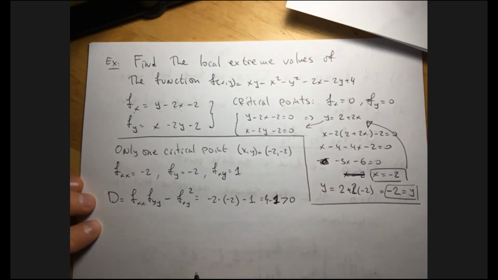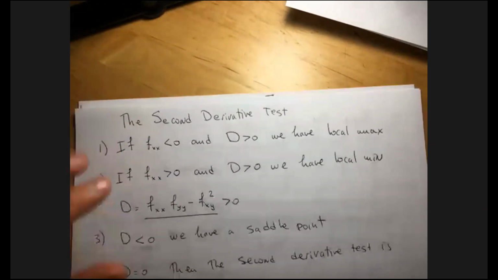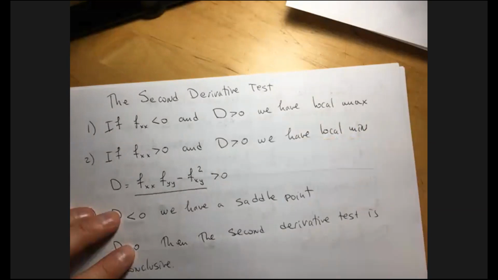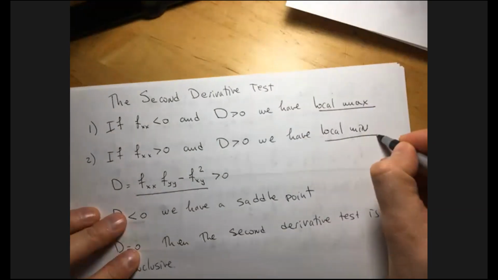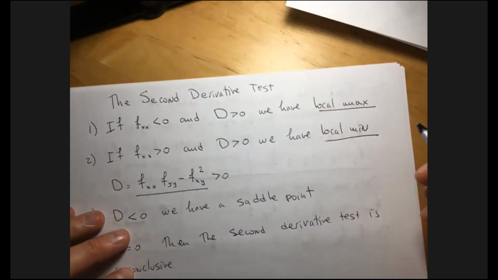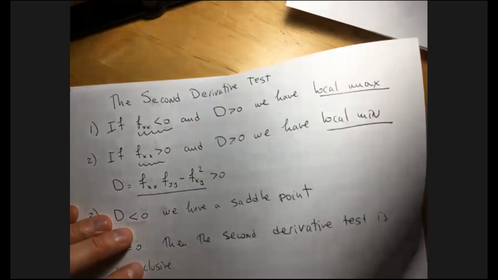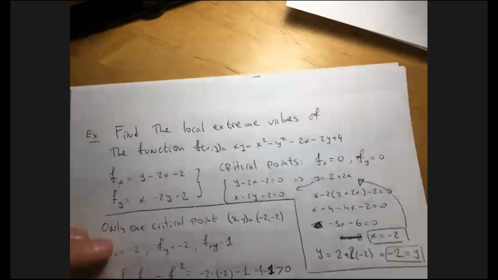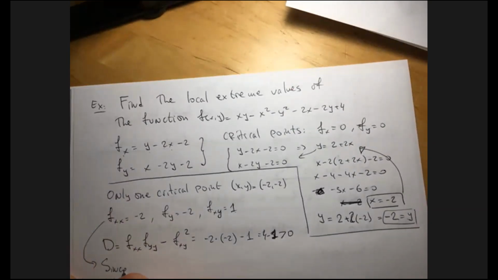Okay, so if you look at the second derivative test, if this discriminant is greater than 0, then we have either a local minimum or a local maximum. That depends on whether the second order partial derivative with respect to x is either greater or less than 0 at that point. So since f double x is less than 0, right?